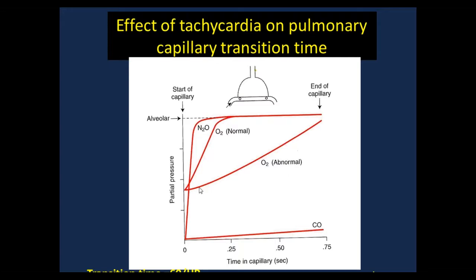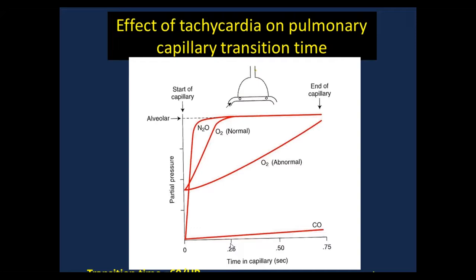But the condition is different if you have chronic lung disease or an infant with parenchymal lung disease like pneumonia. The infant needs more time of exposure of the capillary blood to the alveoli to get fully saturated with oxygen. So if you have tachycardia, the transition time will be less.